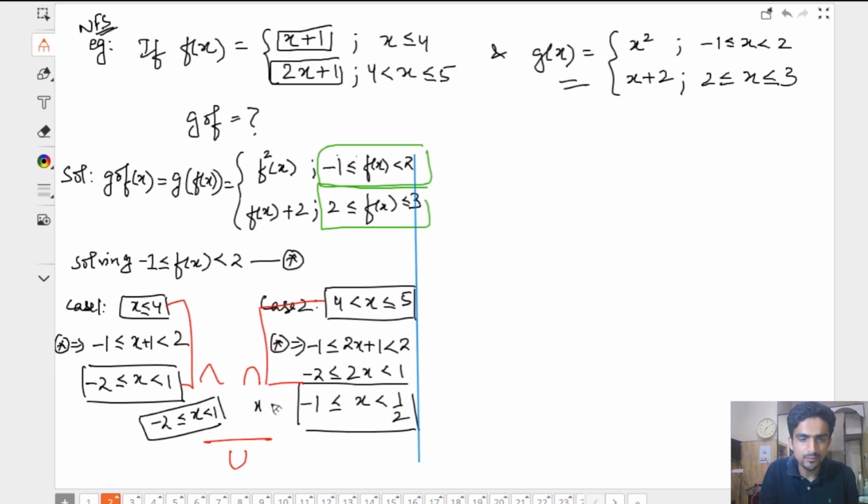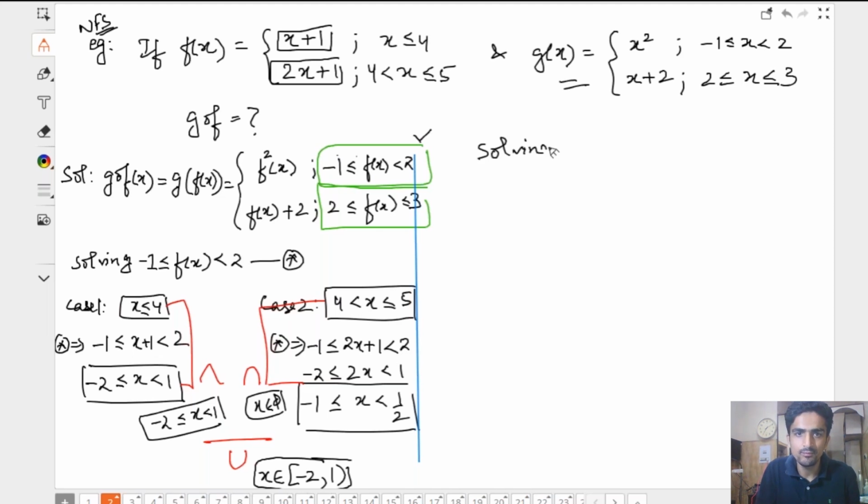It is empty. So taking union, my x comes out to be -2 to 1. So this is the solution for the first part. Now let us solve the second one.